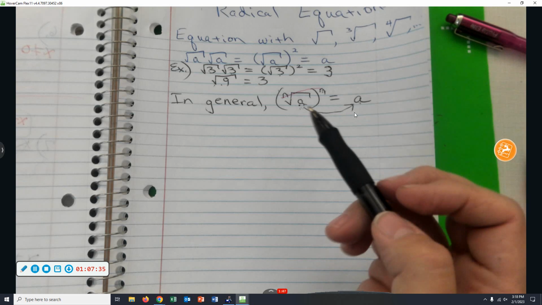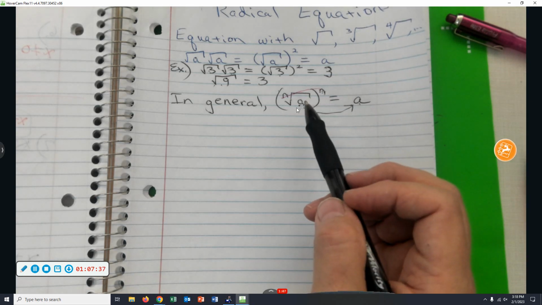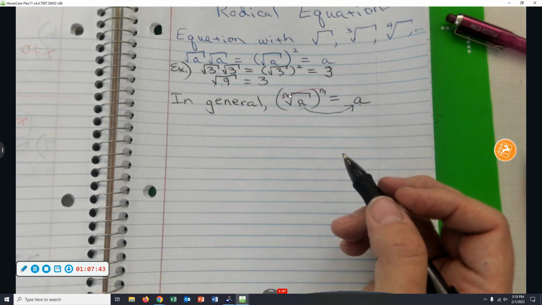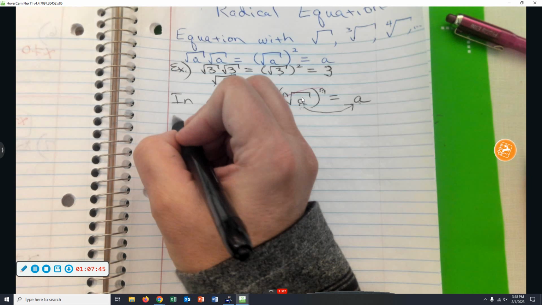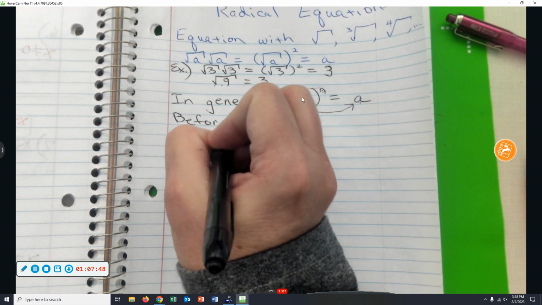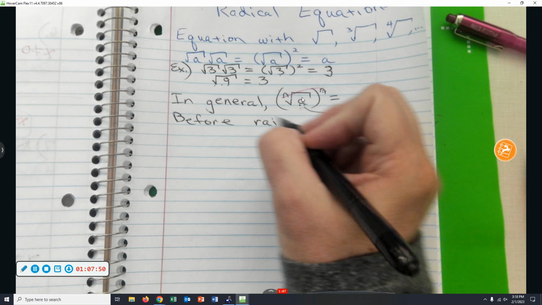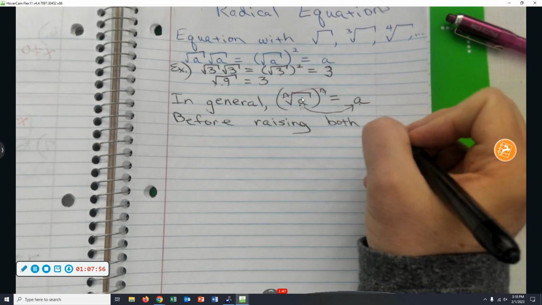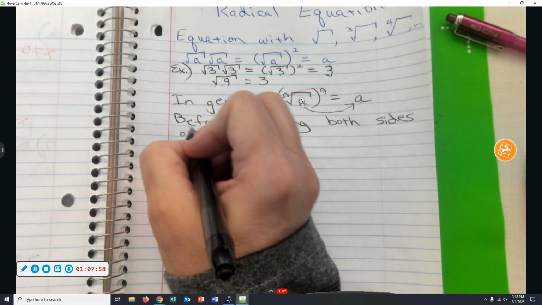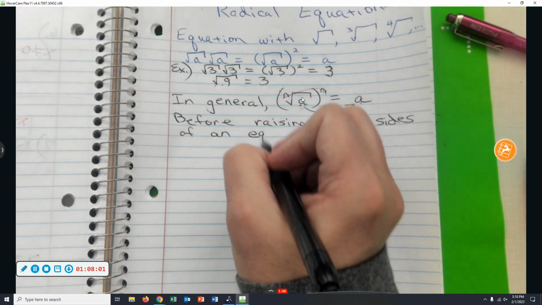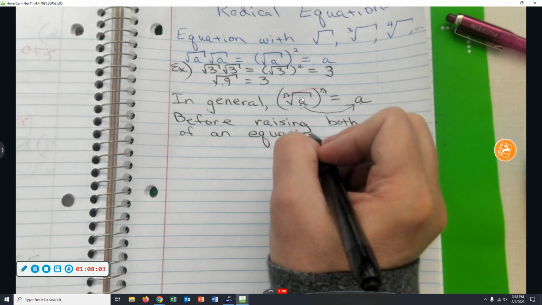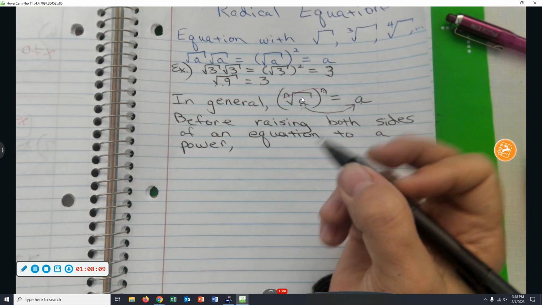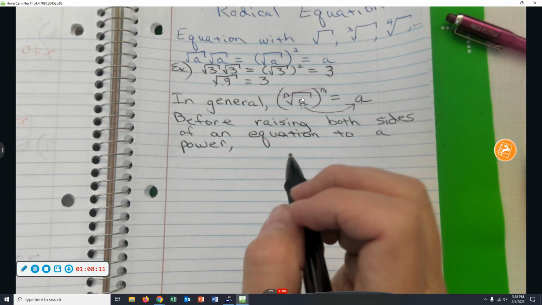But realize you only cancel out the radical if the radical term is first isolated. So before raising both sides of an equation to a power, you must first isolate a radical term.